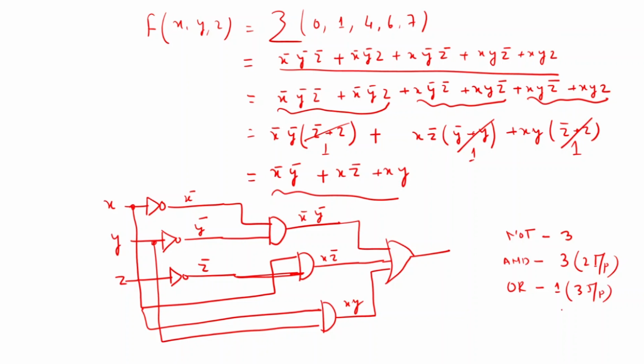So obviously the complexity is reduced. The number of min terms present in the original function is 5, and in this function only 3. This minimizes the number of AND gates required. In the original, all the literals are present in each min term, but here only 2 literals are present in each term.